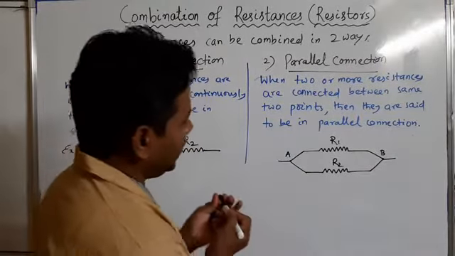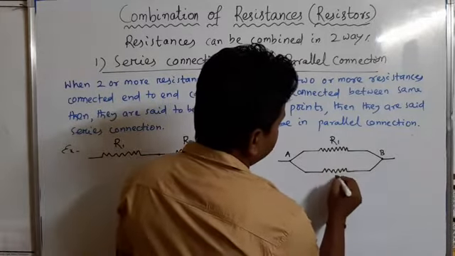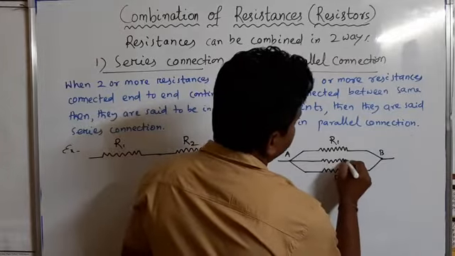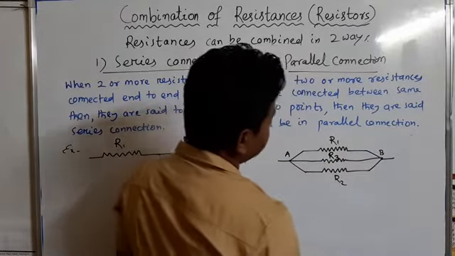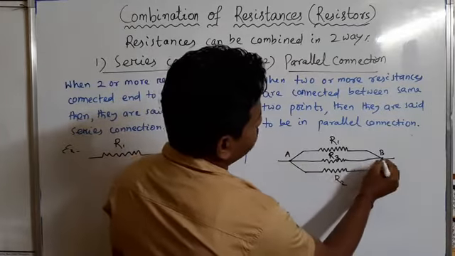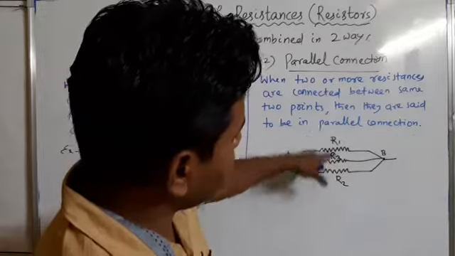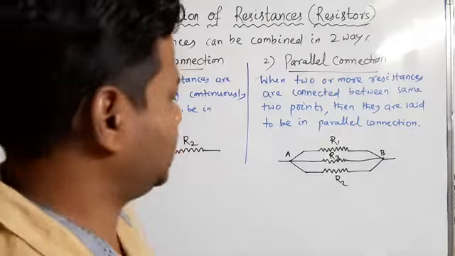Now if I join another resistor, say R3, between the same 2 points, now I can say R1, R3 and R2, all the 3 resistors are in parallel connection.